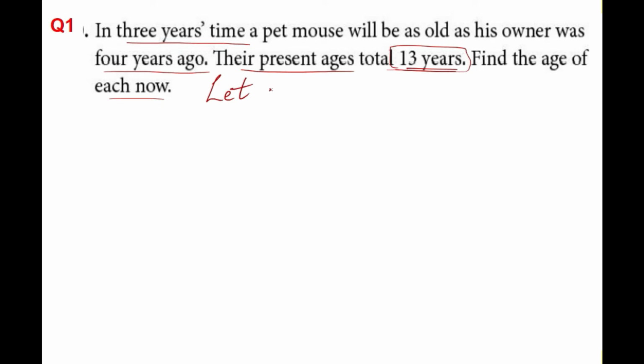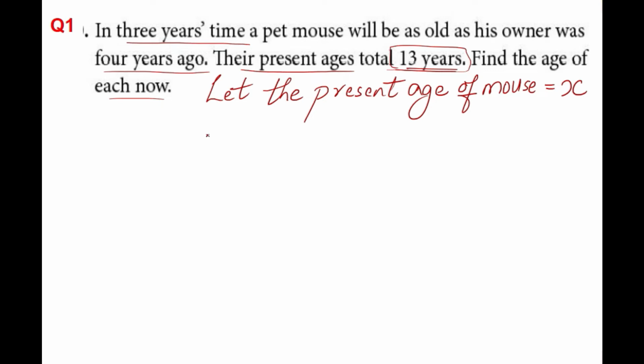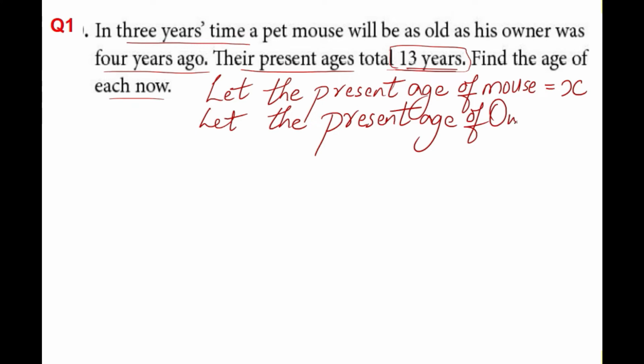Let the present age of the mouse be x and let the present age of the owner be y. So this is how you start solving this question.